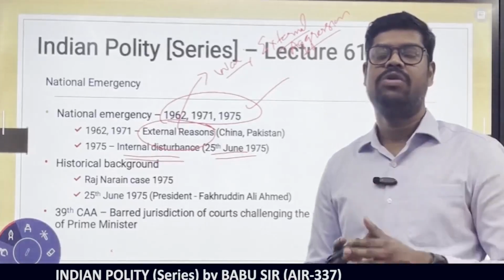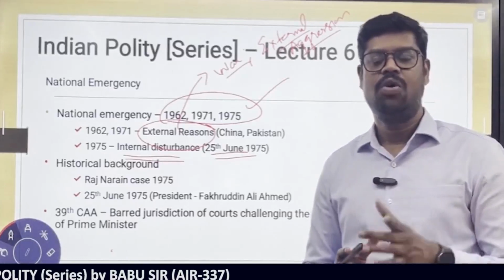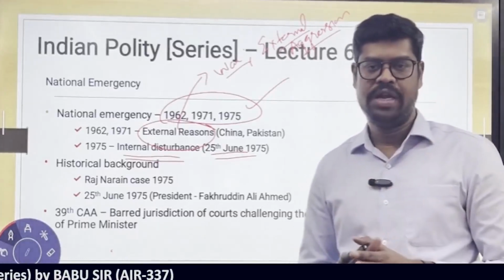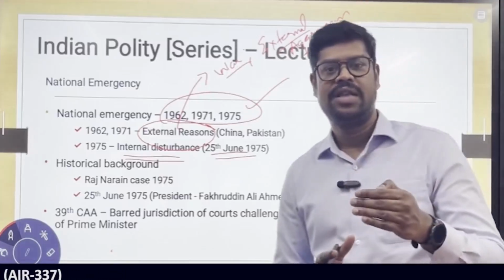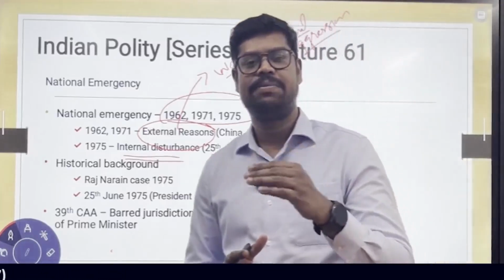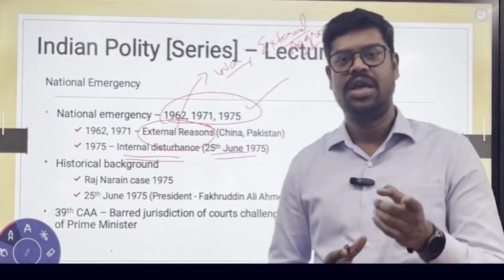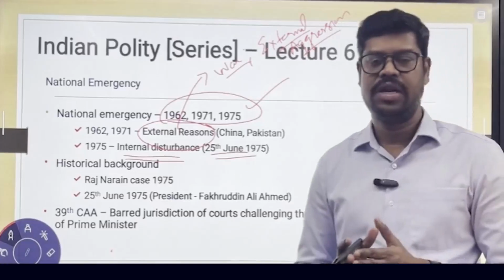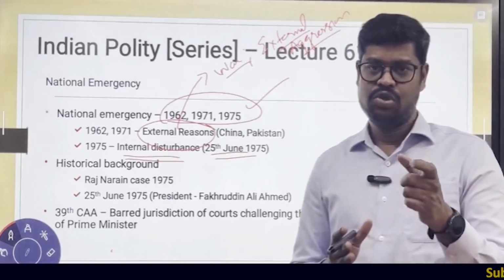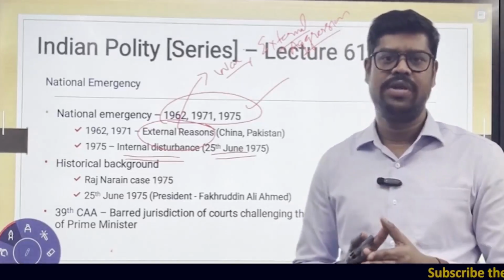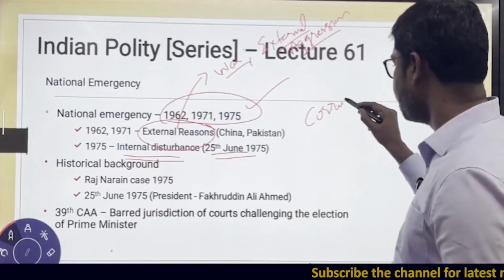And what is the ground on which he said it should be declared invalid or illegal? The ground was that Prime Minister Indira Gandhi violated the Representation of the People Act, 1951. Just repeating it again, the ground on which she has to be declared illegal is that she engaged in various corrupt practices.